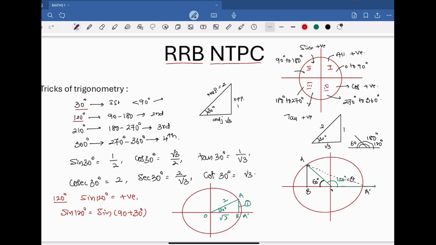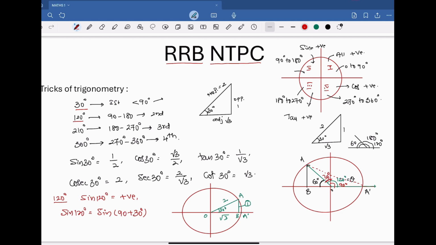When this is 60, this angle is 30. That means this angle is 90. 90 degrees plus 30 degrees is equal to 120 degrees.